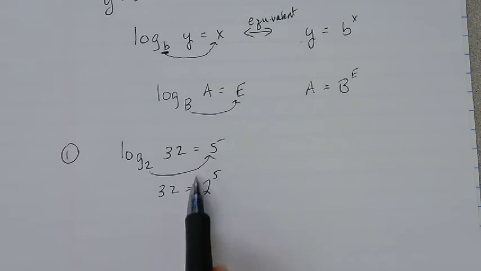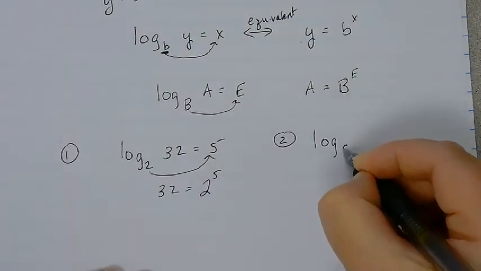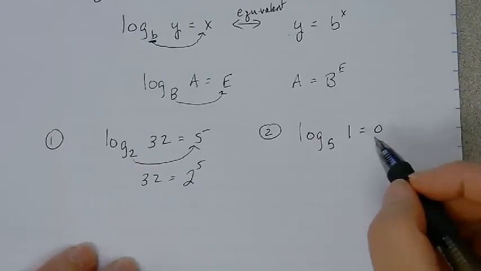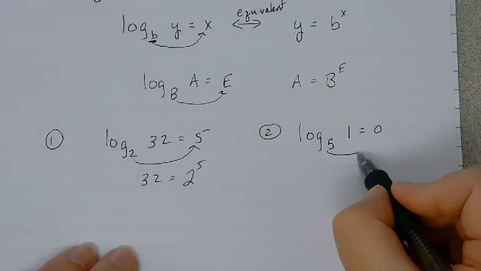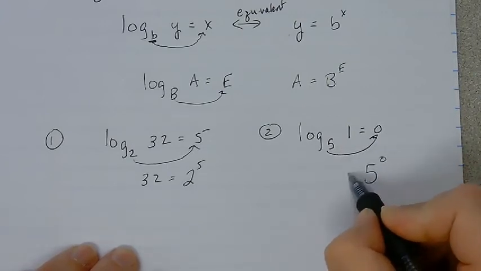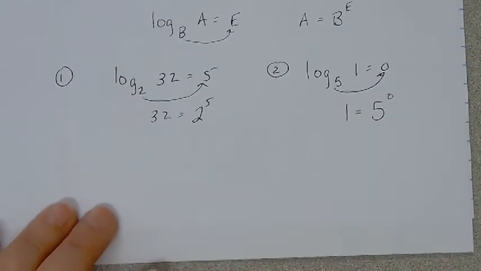That's an equivalent statement. What about this one? Log base 5 of 1 equals 0. Here's the equivalent statement. 5 to the 0 power equals 1. That's a true statement.